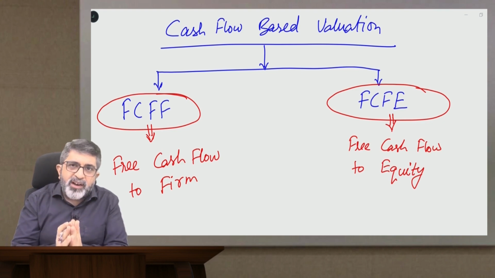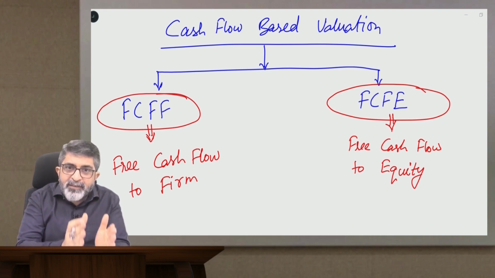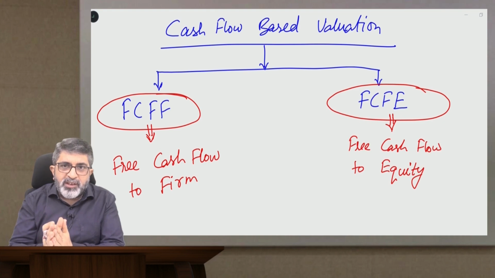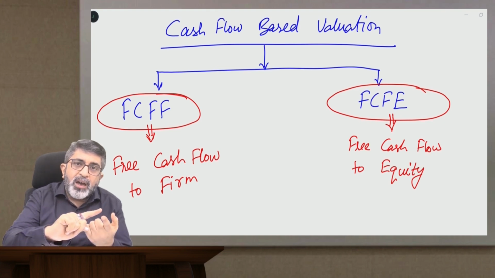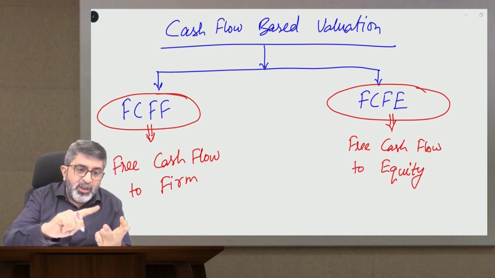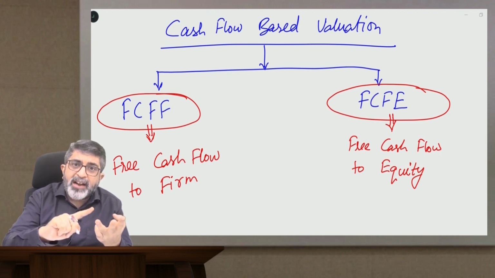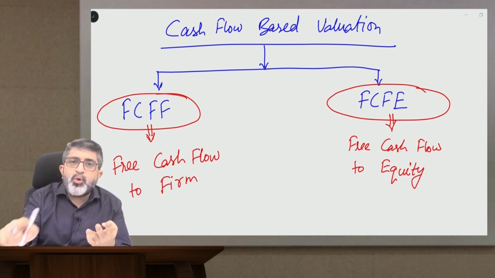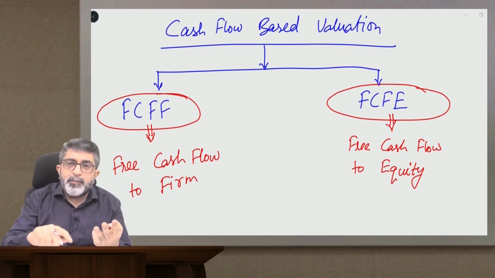So please try to understand the behavior of these three types of contributories: the debt provider, the preferred stockholder and the equity stockholder. How do you differentiate amongst these three?